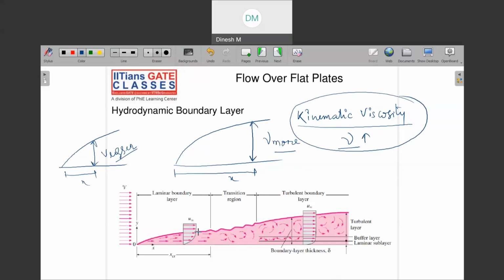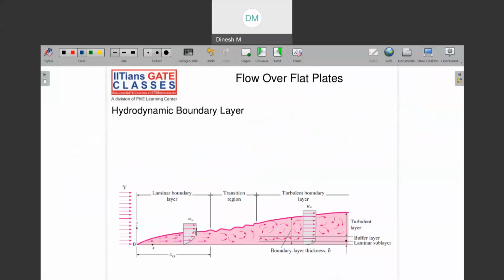So what is this region defined? At these points, what do I say? That the difference between velocities, let us say, what is the delta? At delta, this thickness is termed as delta.